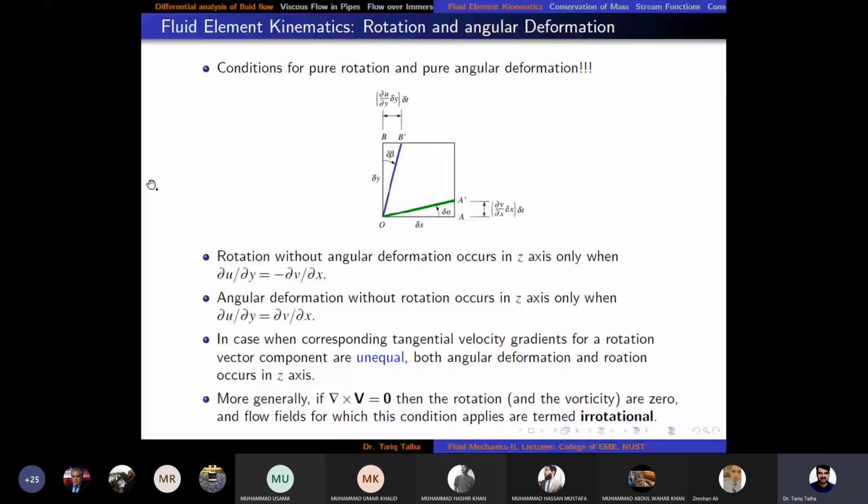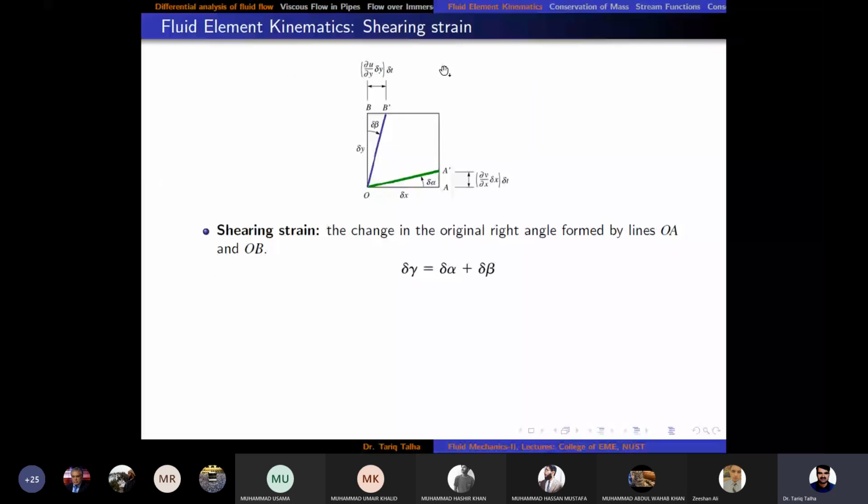So now the last concept here is rate of shearing strain. So we can determine the change in the original right angle. If we want to know how much shape has been changed, then we can add delta alpha plus delta beta to get the change in the original right angle or original shape of the element, and that would be equal to delta alpha plus delta beta.